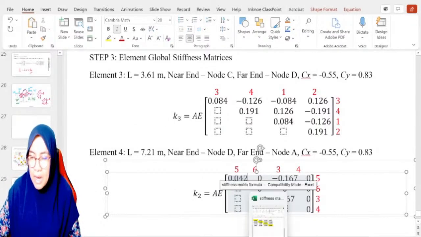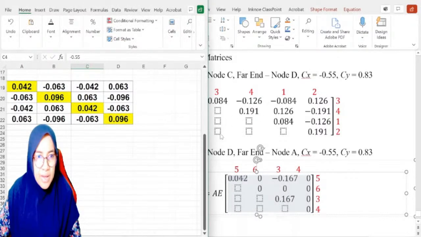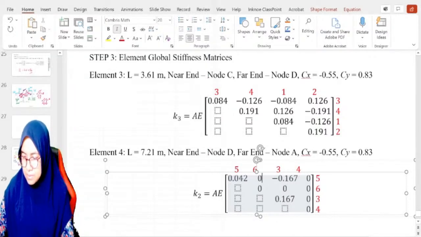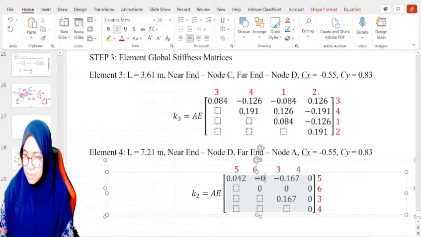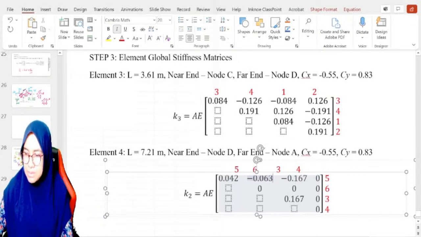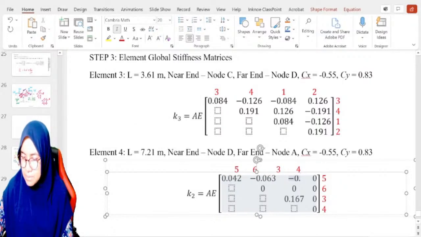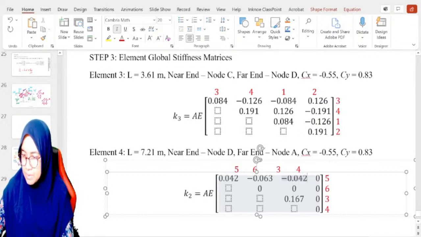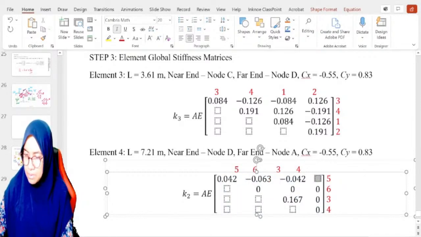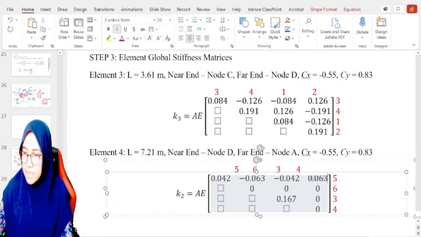Actually half of the above value, negative 0.063. So it is negative 0.042 and 0.063.